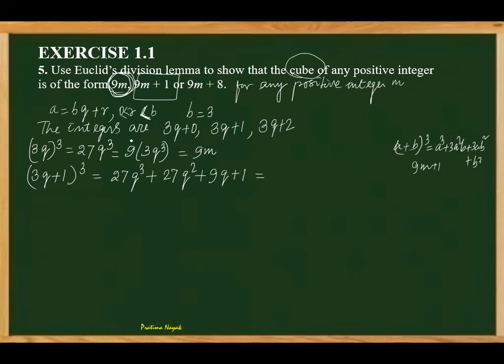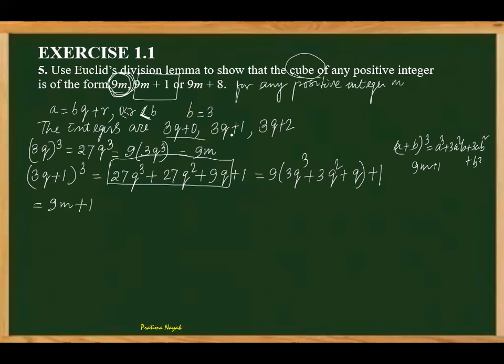So I'll group these three and take 9 common. So I'll write 3q cube plus 3q square plus q only, 9 I've taken common, plus 1. So this can be written as 9m plus 1. Second is proved.